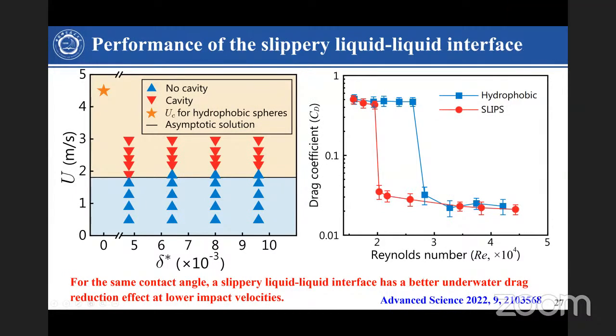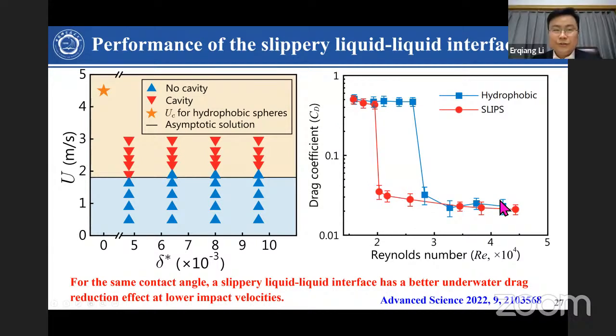And have you tried to play with surfactants, or things on the interface? You mean for this program? Yeah. No, we didn't try surfactant. Surfactant brings another influence, more like a surface tension, right?